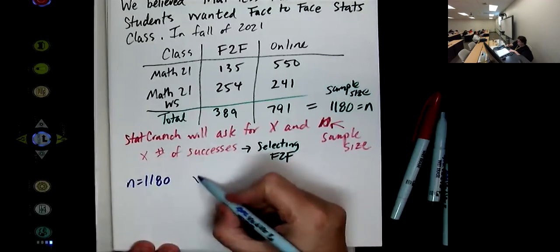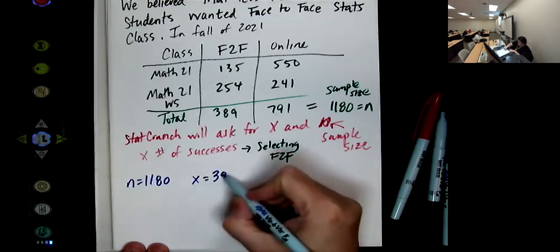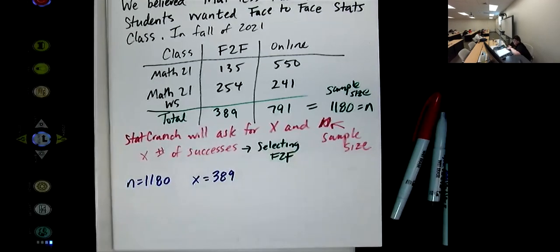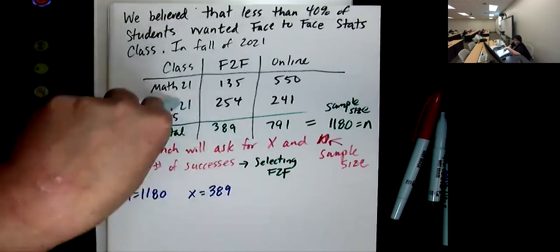My X value is my number of successes, which is the number that's at face-to-face, which was 389. So these were actual enrollments.